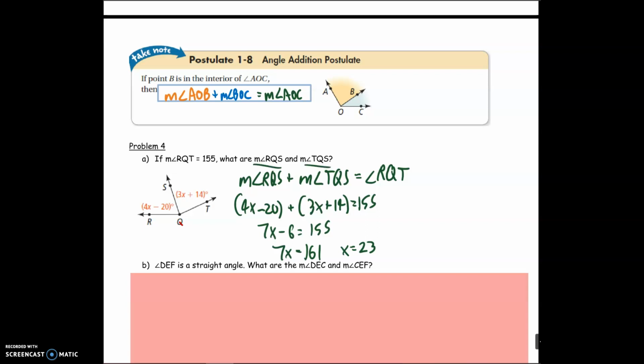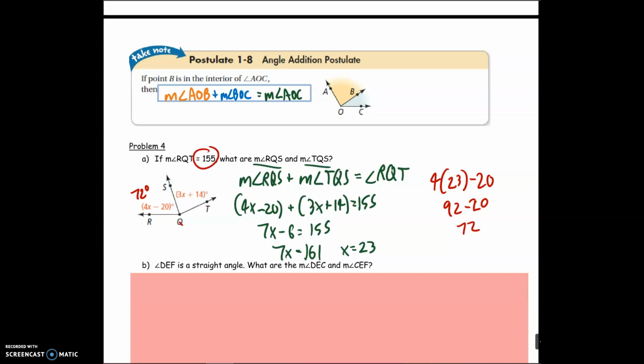So if I'm finding the measure of the first one, we know the first expression is 4x minus 20. So 4 times 23 minus 20, I get 92 minus 20, so I get that to be 72 degrees. I know that if the first angle is 72 degrees, we could actually take a shortcut at this point. So far we've substituted x in for one. We could also substitute x in for the other expression, and it would be pretty easy.